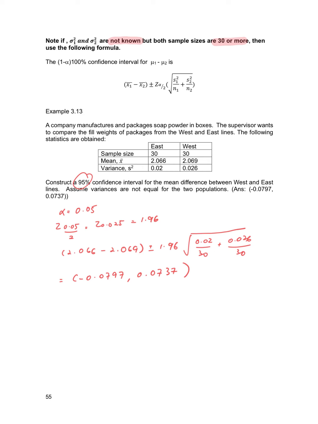Okay, so look at this value. So we get the 95% confidence interval for the mean difference between west and east line is negative 0.0797 and 0.0737. Okay, so apa yang kita boleh calculate kat sini?